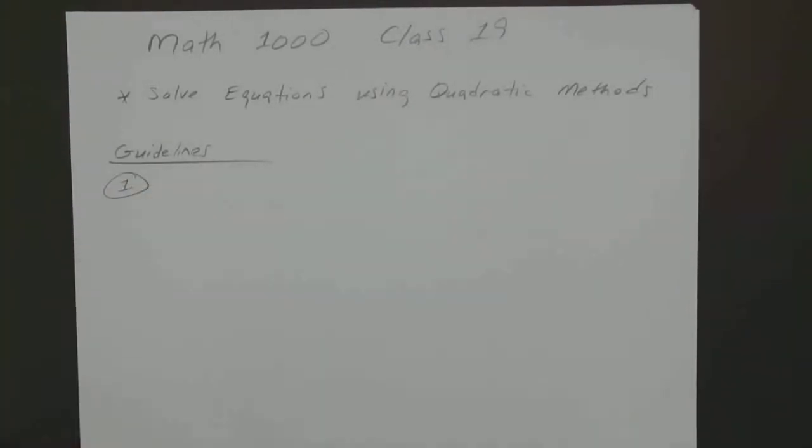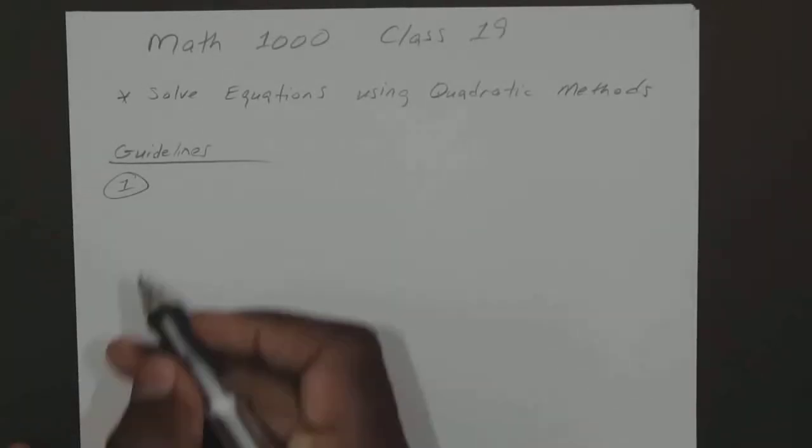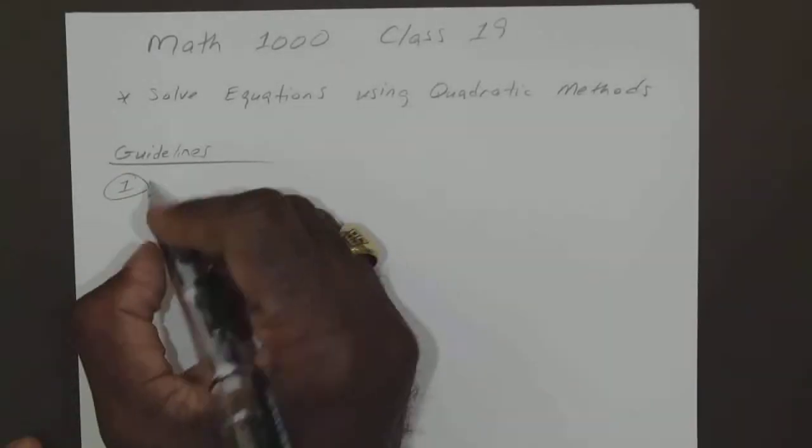Okay, so the first thing you want to do is you want to see if it can be solved using the square root property. That's usually the quickest.